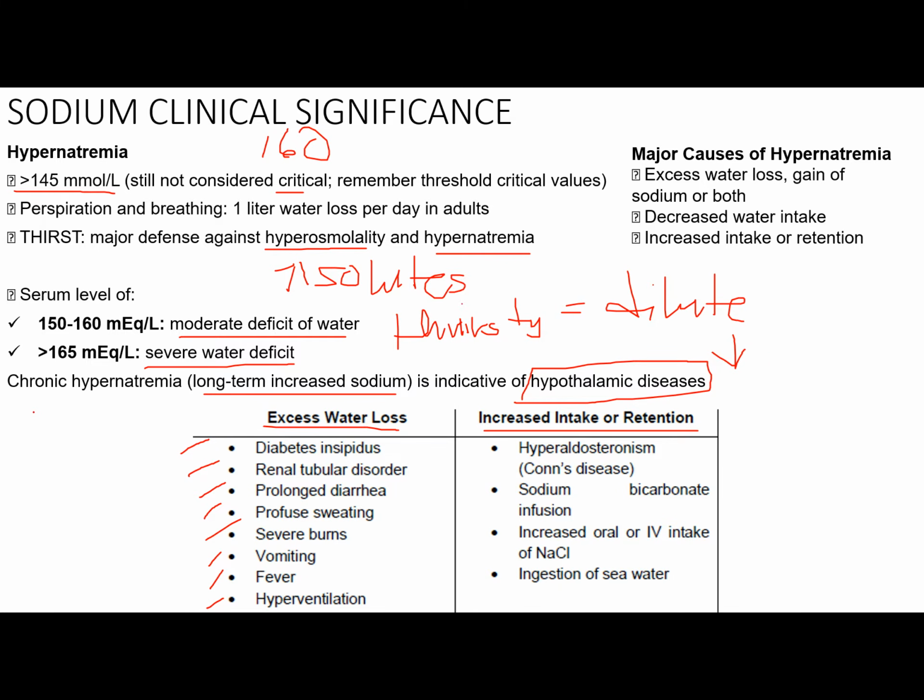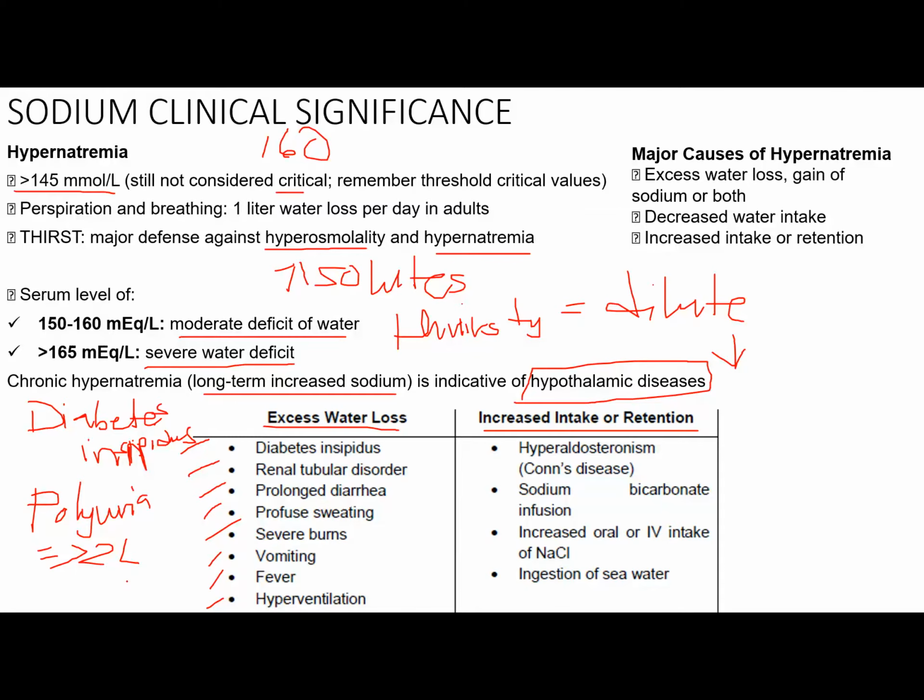Now, kapag meron kang diabetes insipidus class, if you have diabetes insipidus, meron kang tinatawag na condition known as polyuria. Frequent urination, di ba? Usually greater than 2 liters.